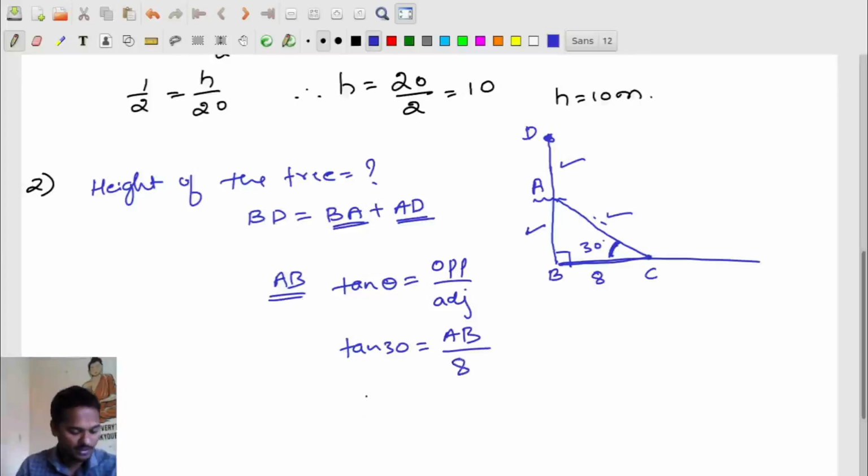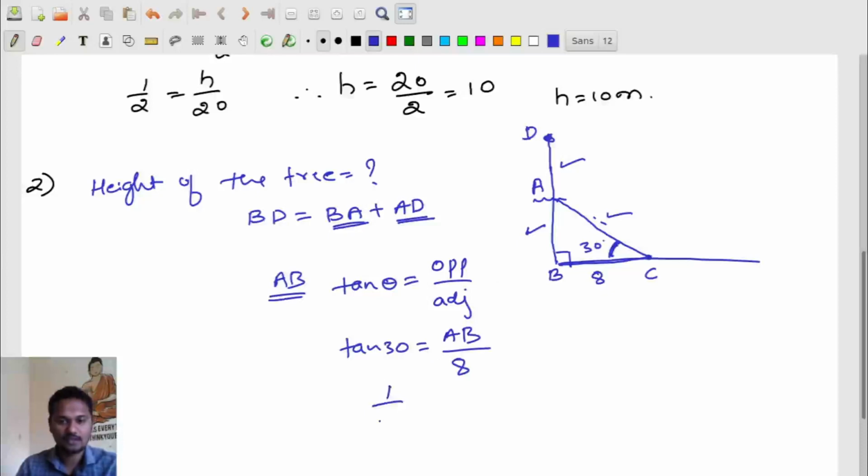What is tan 30? Tan 30 is 1 by root 3. Okay, so what is tan 30?